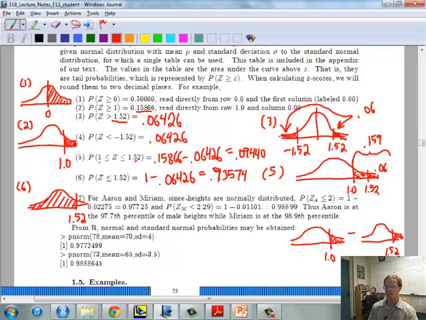Okay, now we can also use the table to answer the question for Aaron and Miriam, and since Aaron was at the 2, his percentile is going to be found by 1 minus the value I read from the table on the 2, and Miriam's is going to be 1 minus the value from 2.29.